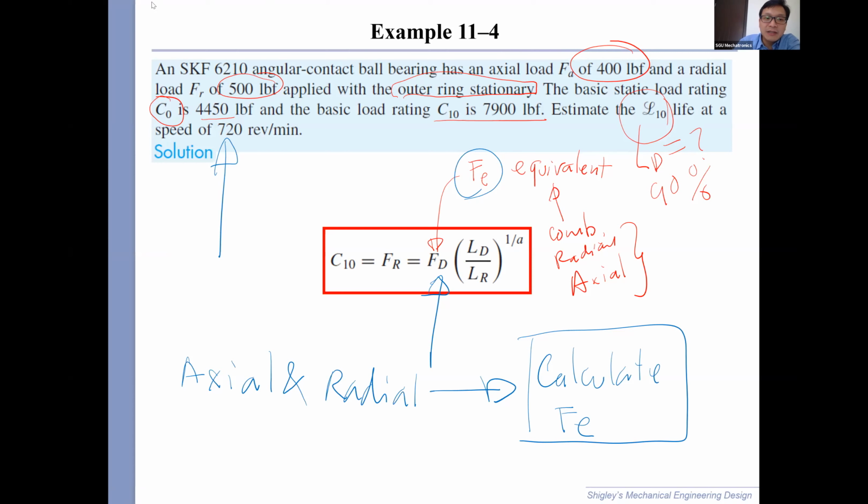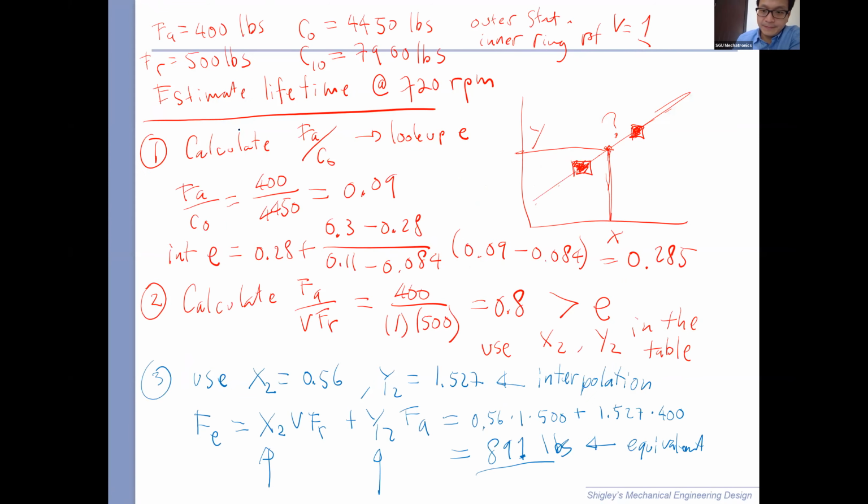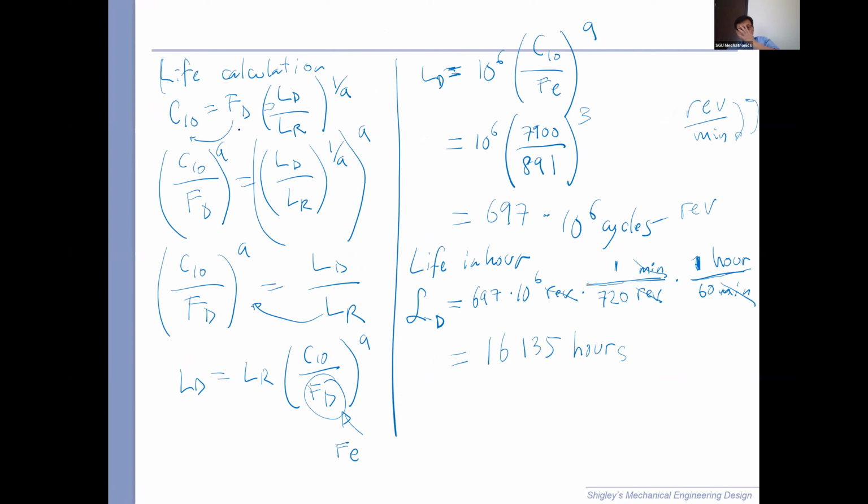The question asks you to estimate lifetime at a speed of 720. Any other questions? Okay.